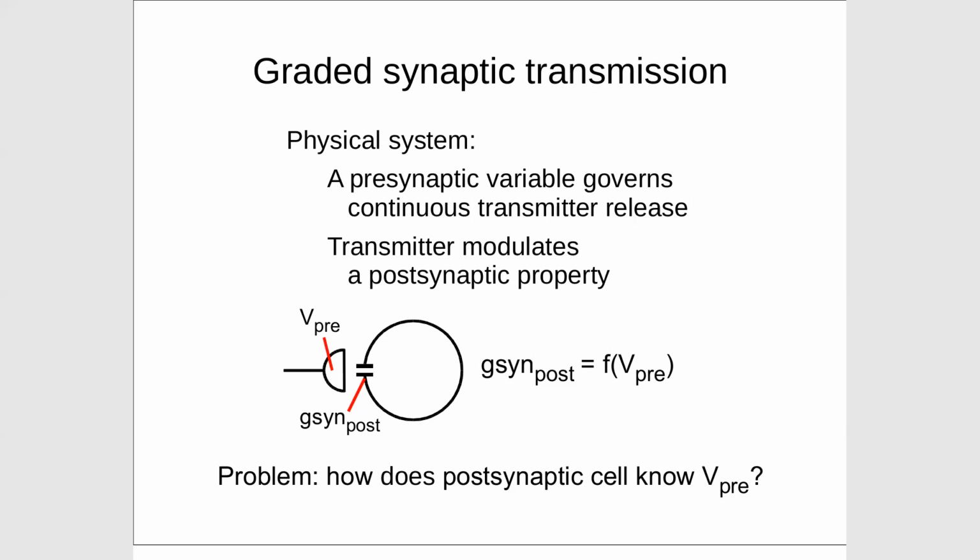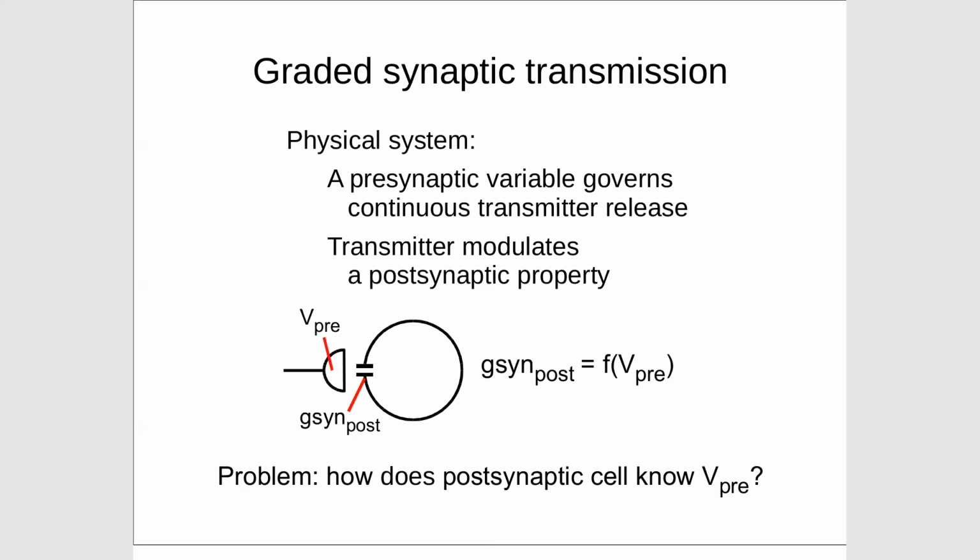The physical system would be some presynaptic variable governs continuous release from the presynaptic terminal. And this transmitter diffuses across a synaptic cleft where it binds to receptors that ultimately modulate some postsynaptic property, okay?